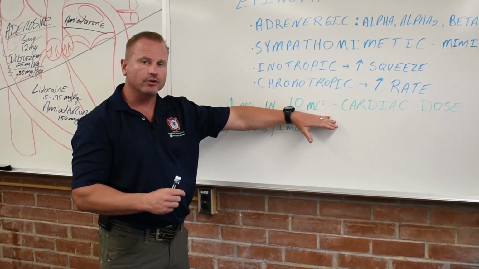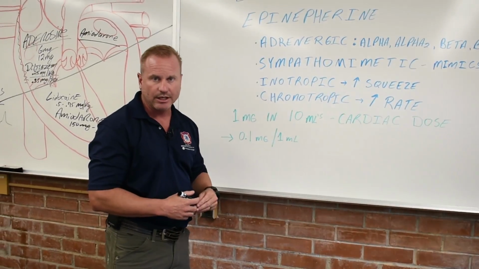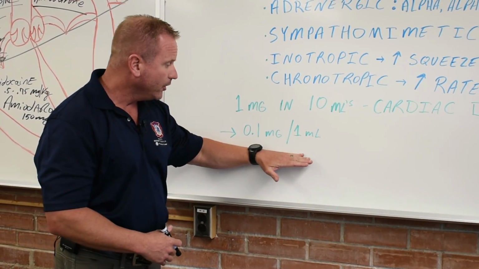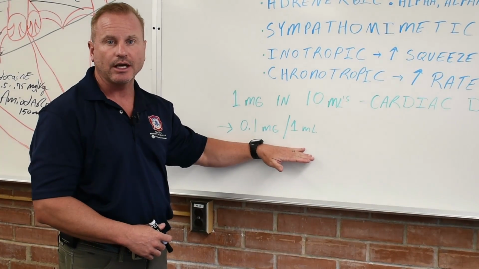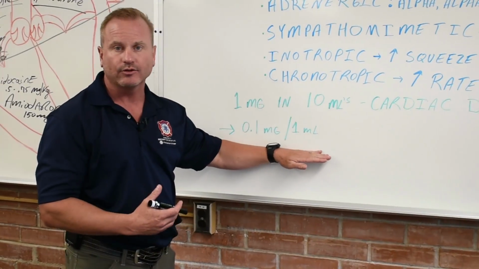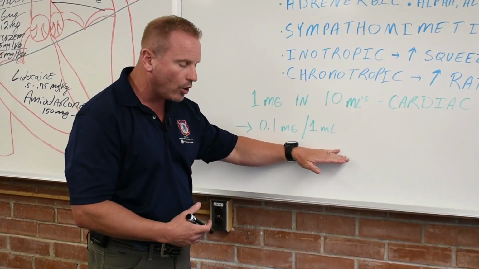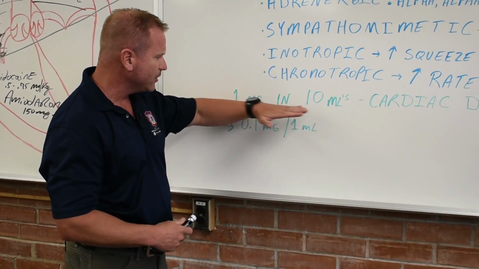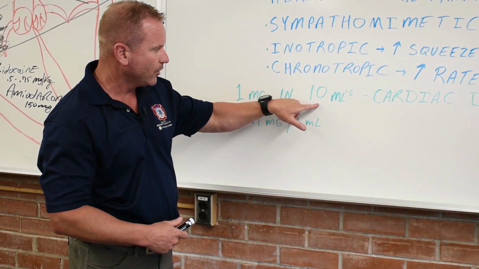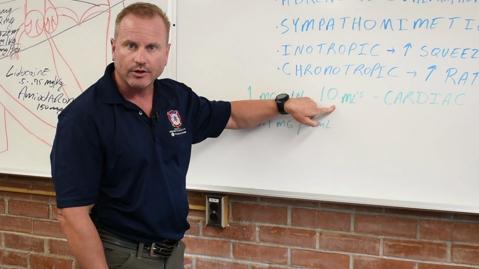And on the vials, just about every single drug that we give, it's going to have what the concentration is, and then underneath it, it will usually break it down to its simplest form. And this is another great way of learning pharmacology. This is something that I always have done: if I have a drug that's 1 milligram in 10 mLs, well, I want to know then per 1 mL, what is that concentration?